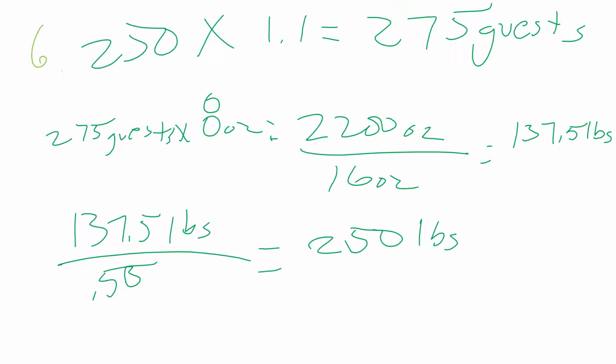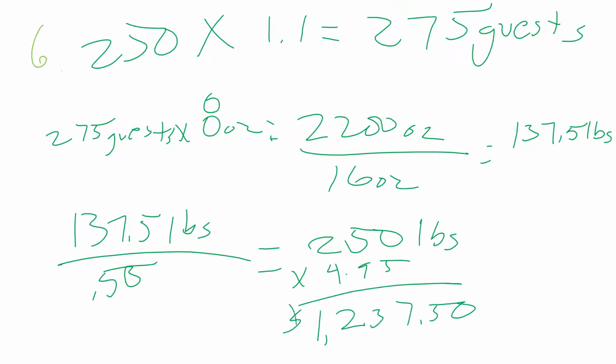All right. So now 250 pounds times 4.95 per pound. Cutting into our profit. Yeah, so that's an extra what, $100? About $110. Okay. So am I going to spend an extra $110 every single time I do a party of 250?